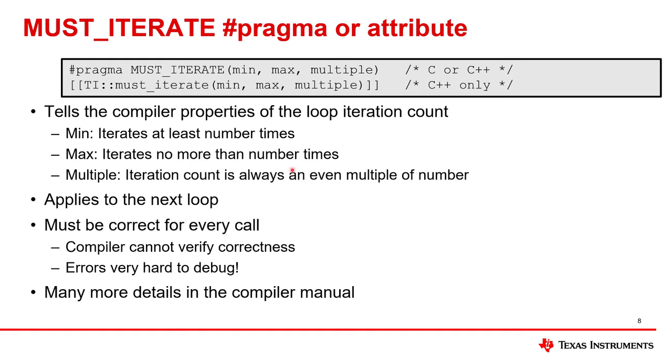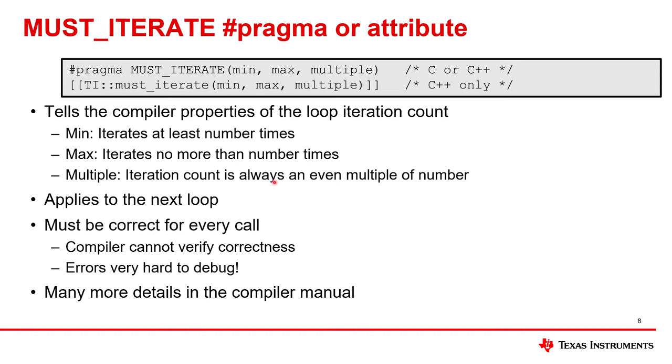And then the last number is the multiple. You're telling the compiler that the iteration count is always an even multiple of this number. And that can become important in cases where the compiler wants to automatically unroll a loop or vectorize, things like that. Which loop does this apply to? The very next loop in the source code.